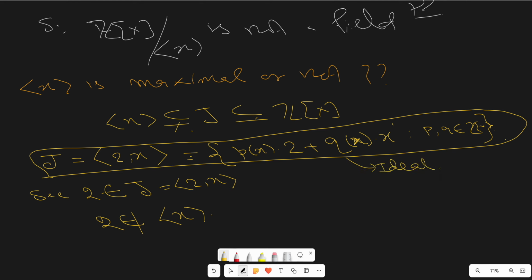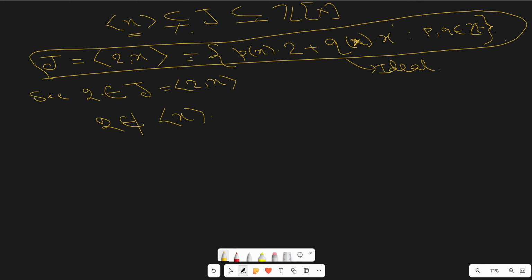And this ideal properly contains the ideal generated by x, because this 2 is inside J, but this 2 is not inside the ideal generated by x. Okay, are you getting my point?